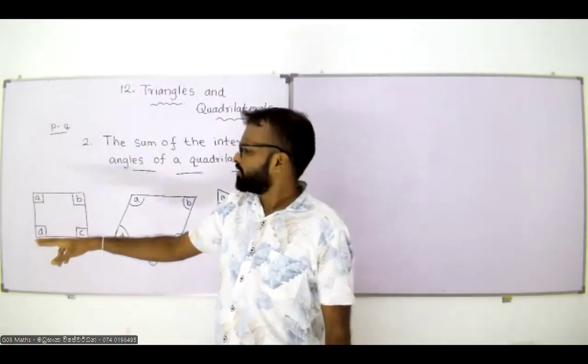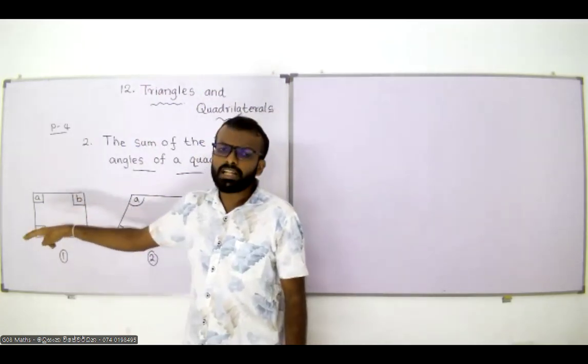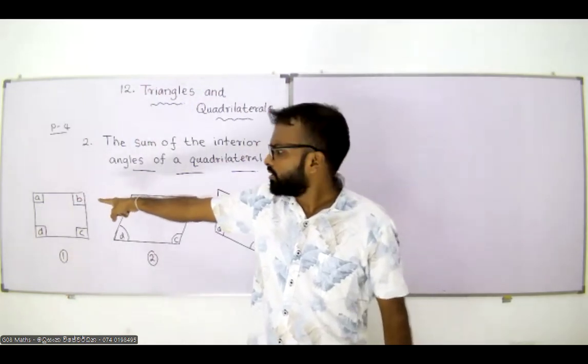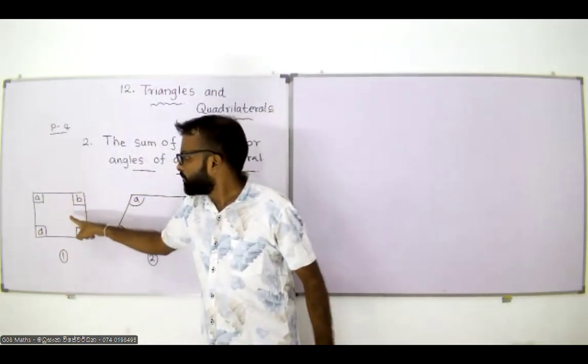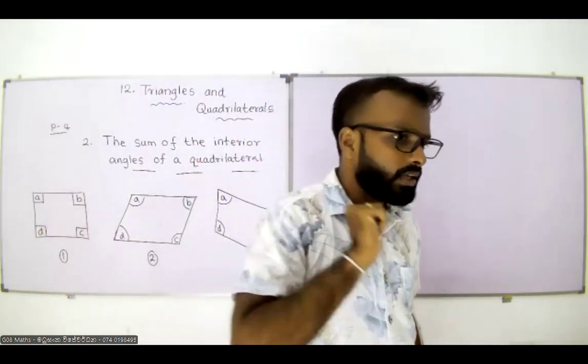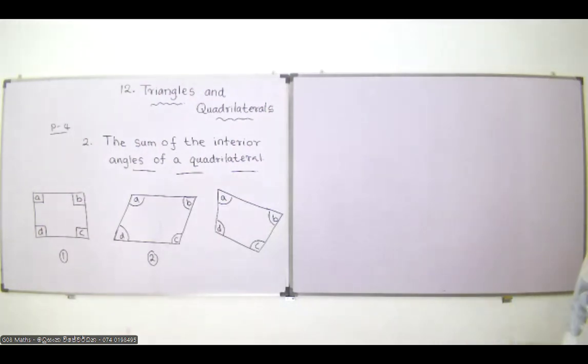So what is the summation of interior angles of a rectangle? 90 plus 90 plus 90 plus 90, 4 times 90, 360 degrees. Yes, 360.